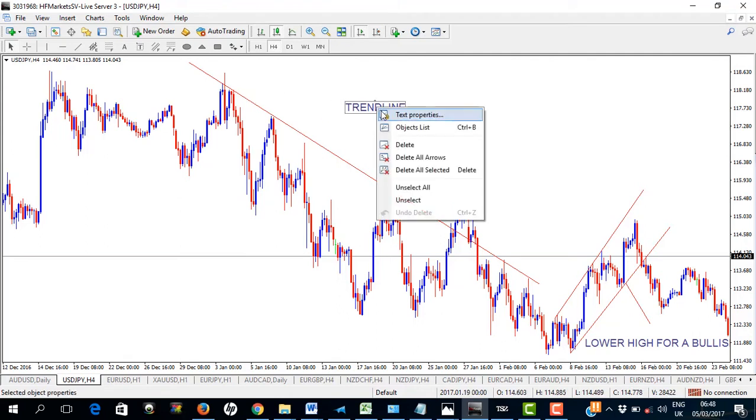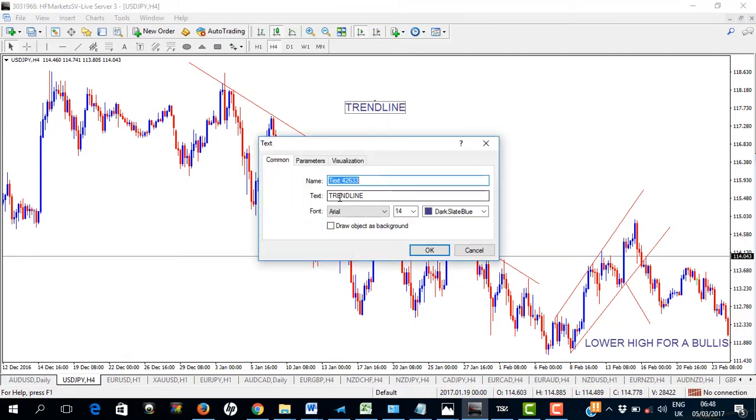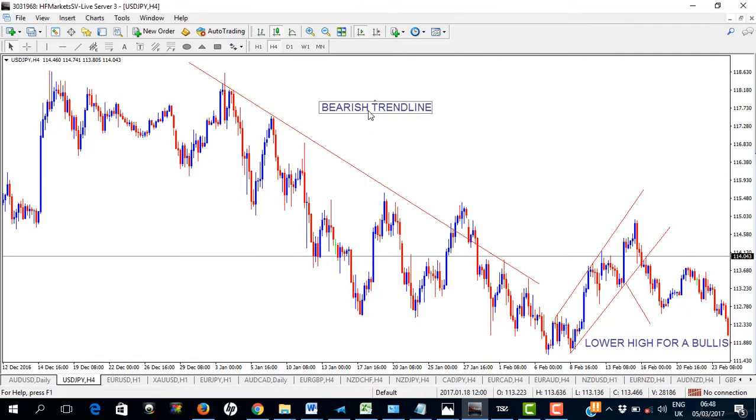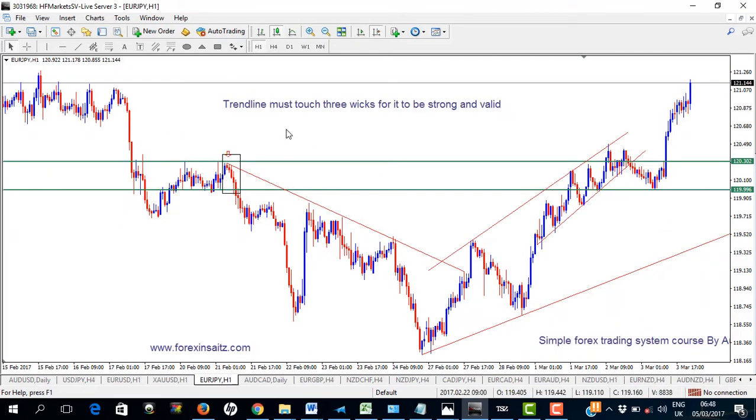So when price makes a lower high, that means the highs are always coming down, so it is a bearish trend line. This is a bearish trend line. So this is how I spot my trend line. Don't forget that price must touch 3 points for it to be strong and valid. That is just the rule guiding a trend line, nothing else.